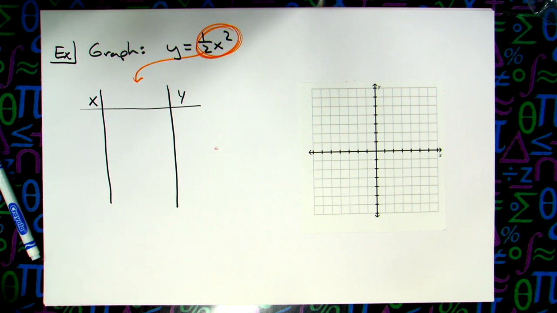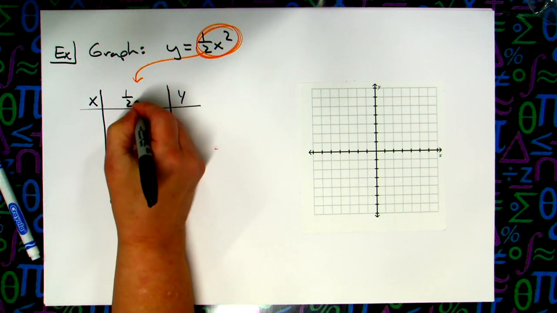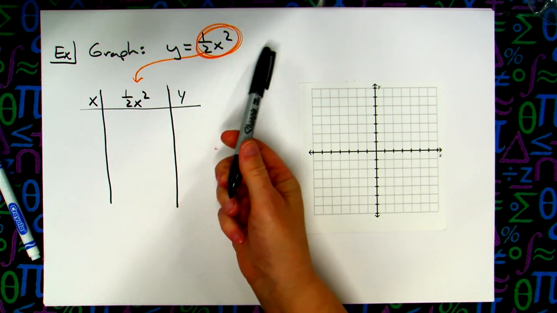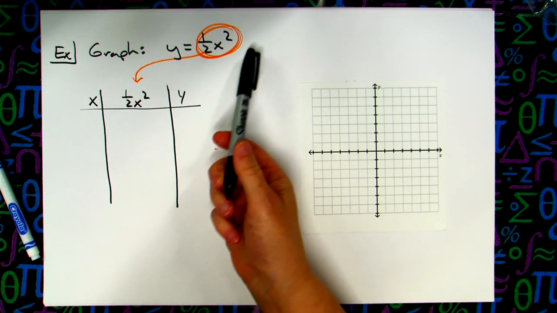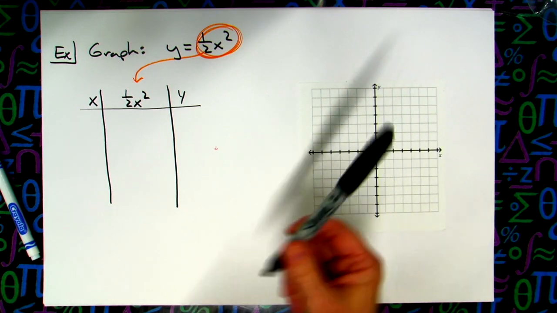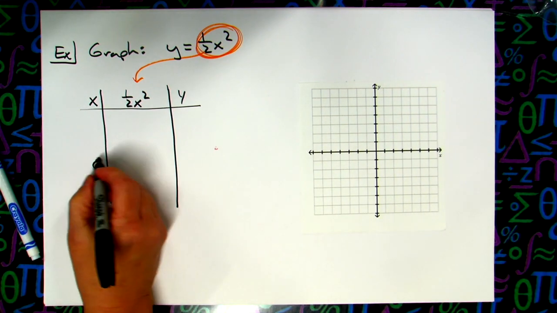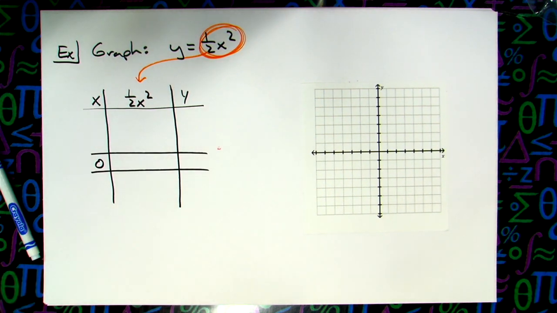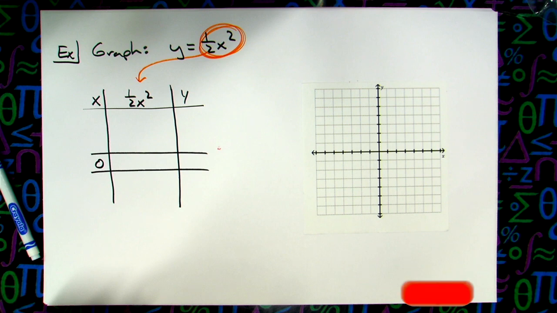Okay, so 1/2 x squared. Now, since this is a really simple one, and there is no b term at all, and there's no constant over here, we know it's going to be symmetrical around that y-axis. So, for today, you're going to be able to put 0 in the middle, because I know that my axis of symmetry is going to go through 0.